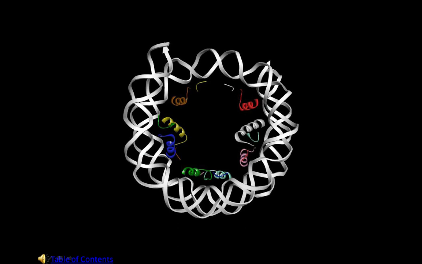There, that's better. Now we'll be able to see something, but we need to change the viewing angle. First, we rotate the entire structure plus 90 degrees around its y-axis.